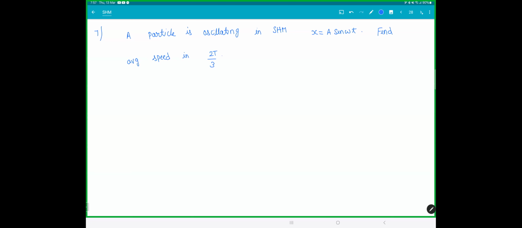X is equal to a sine omega t, meaning you're starting from the mean position. So in time 2T by 3, T is the time period, the particle must have traveled something. So find the average speed. Finish off, last one for the day.